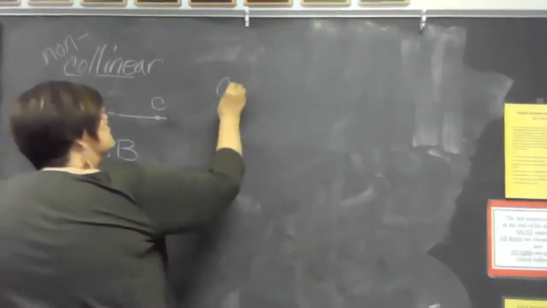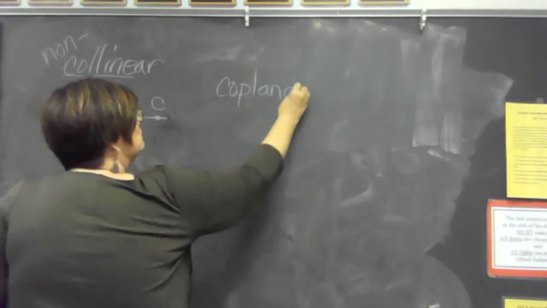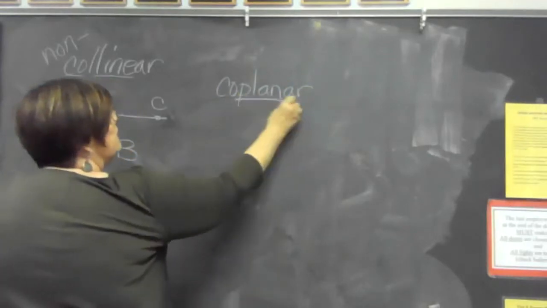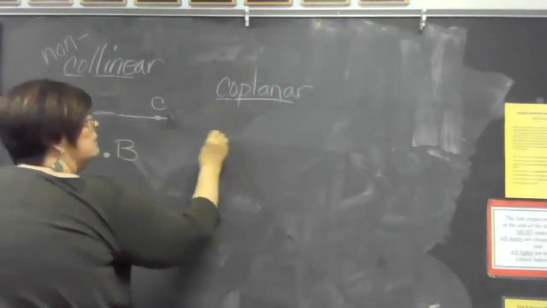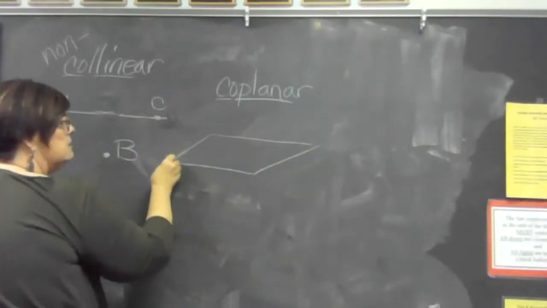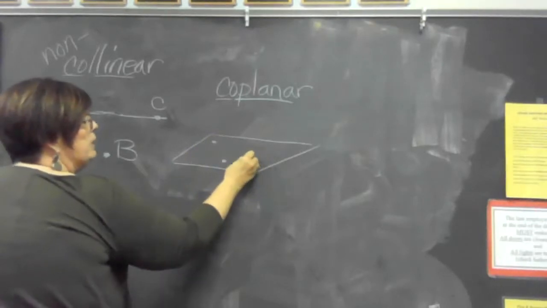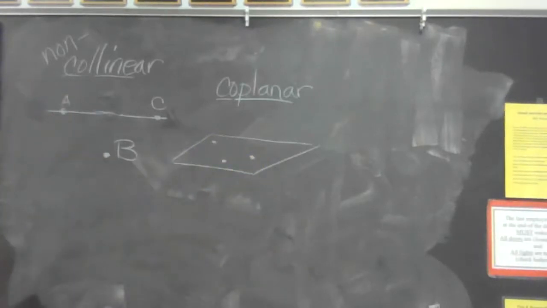And the same thing is true with coplanar. You see plane here, and co, on a plane somewhere in space, we have points that will be on the same plane.